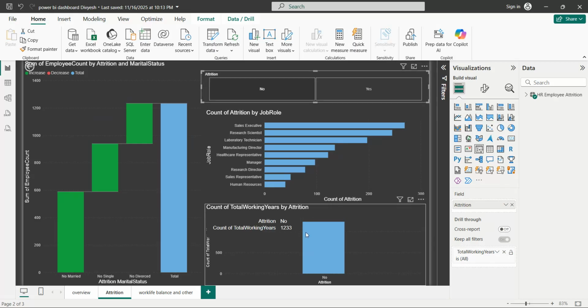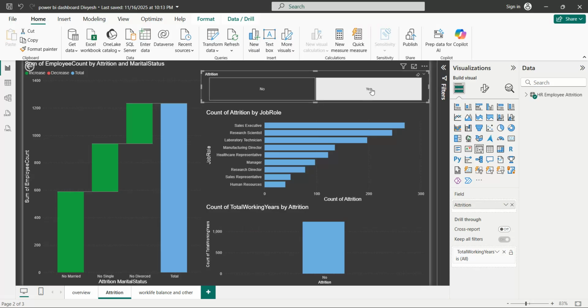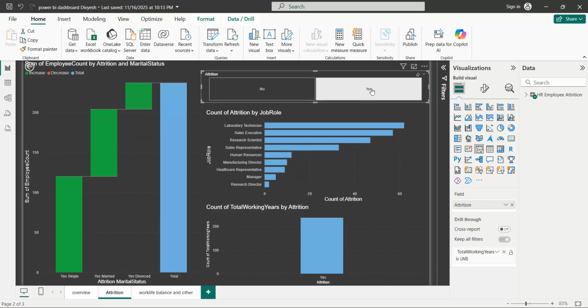Then coming to this. When I clicked on the no, as we can see the count of total working years by attrition, the count of total working years is 1,233. So the employees who did not leave have significantly higher total working years, and the data suggests that employees with more experience are less likely to leave.